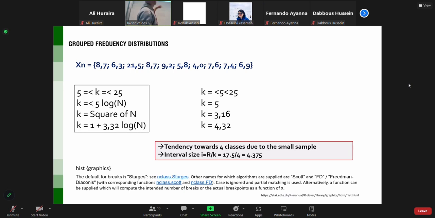The formula will be I, the interval size, equal to the range divided by the number of intervals that we want to have. In this case, it is going to be 4. So we have 17.5, the range, divided by 4, which is equal to 4.375. Do we agree on this?